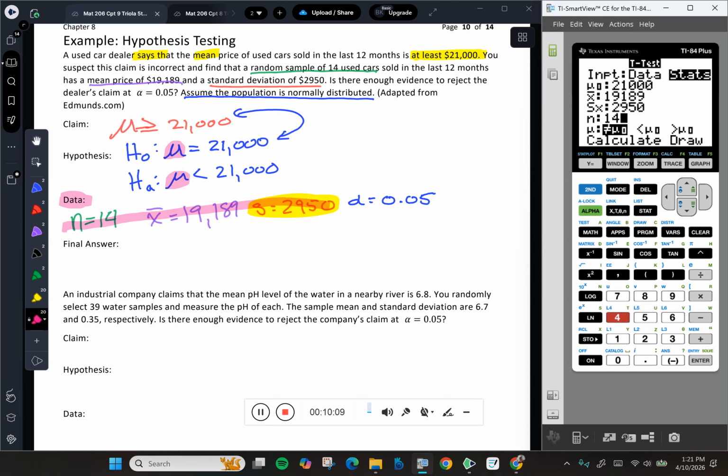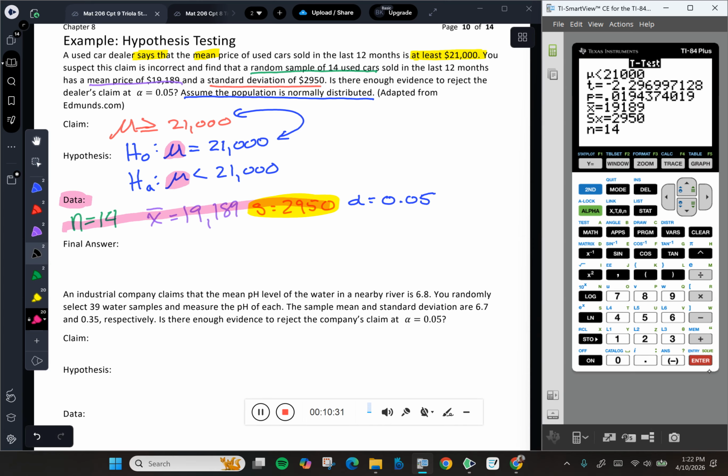And since my alternate hypothesis is a less than, I am running a left tail test. I will then calculate. I get a test statistic, if I were to need that, of negative 2.296997128, round wherever it needs to be rounded.